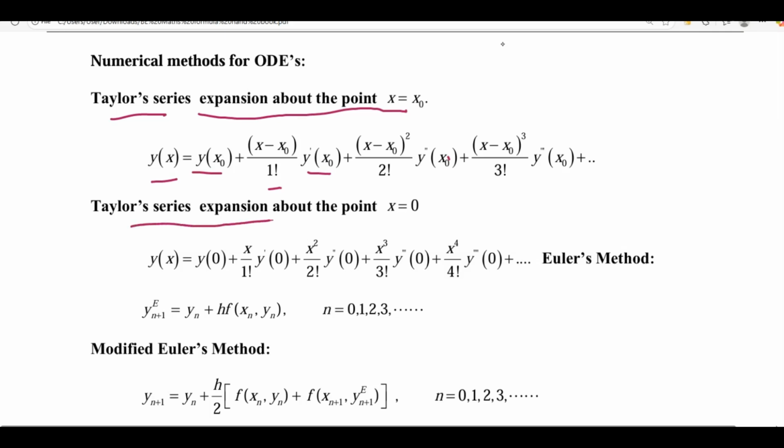Then Taylor series expansion about the point x equals 0: if it is x equals x naught, you have x naught in this place; if it is x equals 0, in the place of x naught you will have zeros.